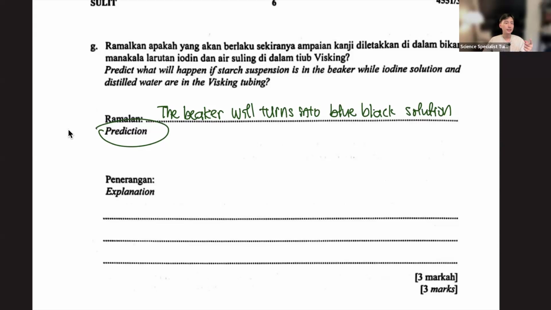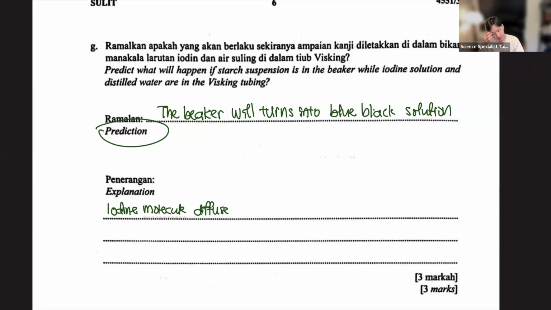Needs to be a semi-permeable membrane, able to diffuse through the semi-permeable membrane. Small molecule able to diffuse through the membrane and react with who? And react with starch. Explanation. Iodine molecule diffuse.